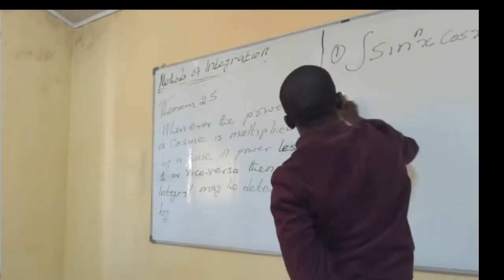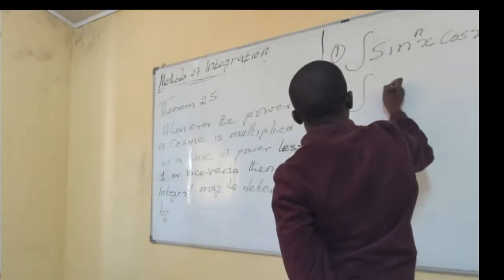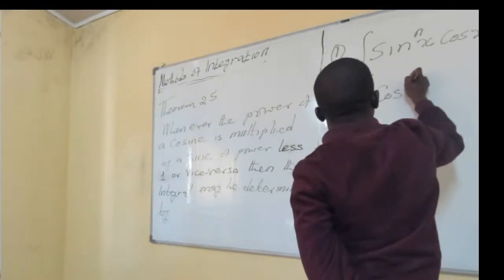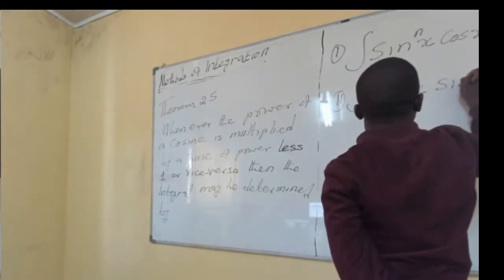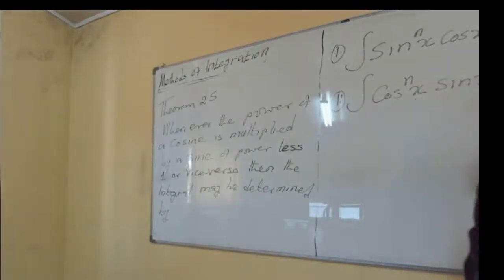Two, the integral of cosine to the power n of x times the sine of x dx is equal to the negative of cosine to the power n plus 1 of x over n plus 1 plus c.